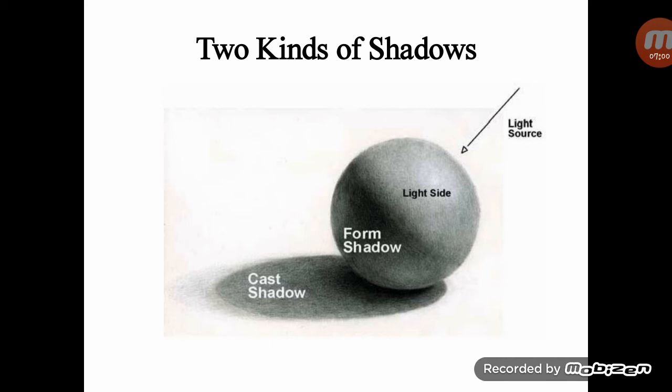There are two kinds of shadow that occur when one light shines on an object: a cast shadow and a form shadow. When an object blocks a light source, it casts a shadow. A cast shadow is not a solid shape but varies in tones and values.